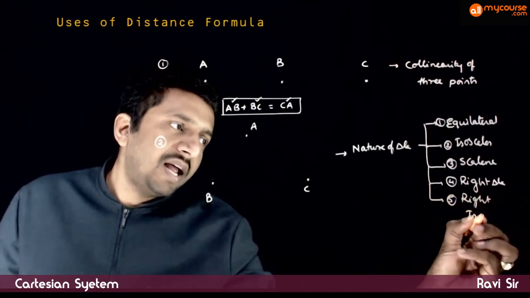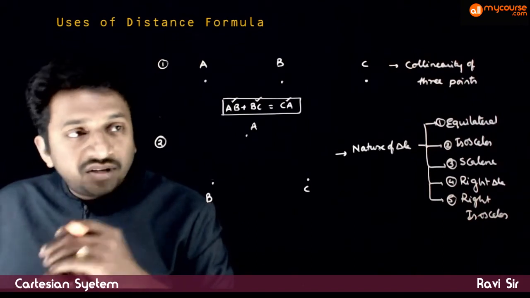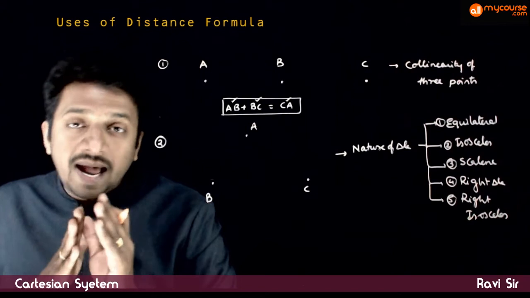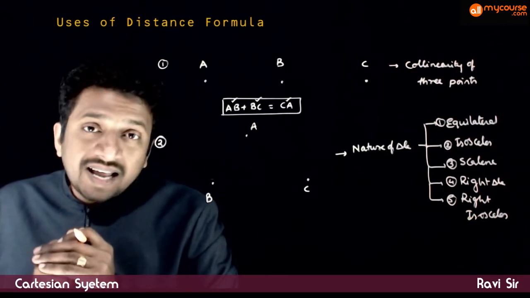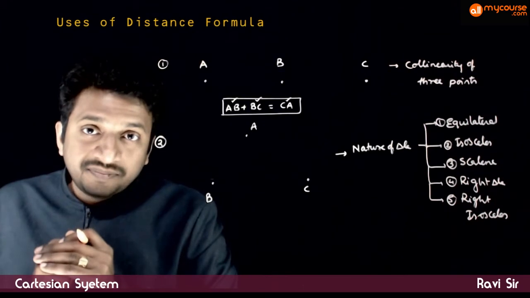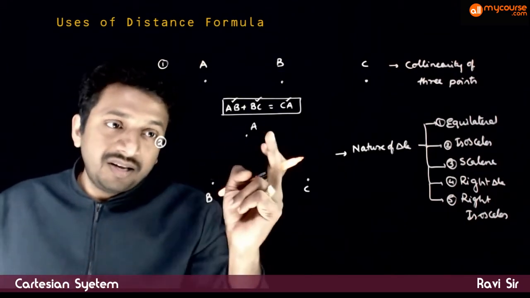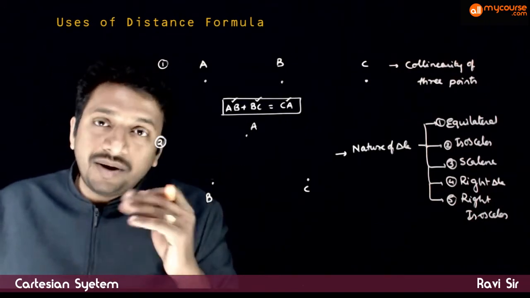If the condition for a right angle triangle, Pythagoras theorem, is valid, as well as 2 sides being equal, then it becomes a right angled isosceles triangle. So using the distance formula, if you're given 3 points, we can determine what kind of triangle the points form.